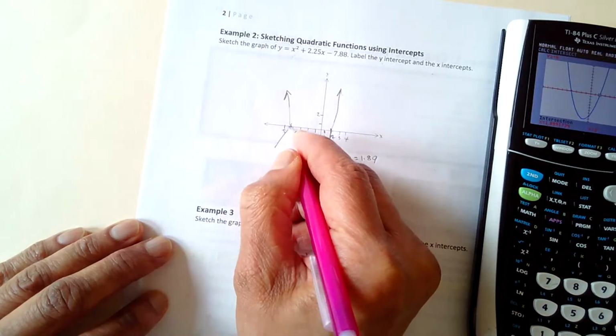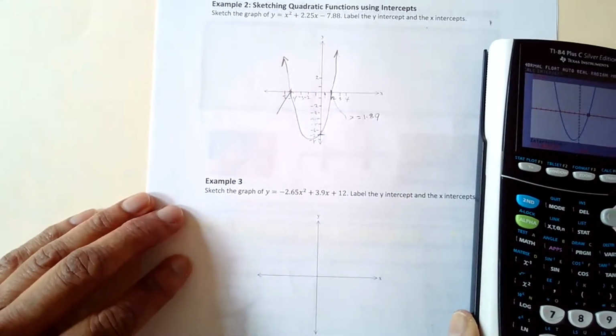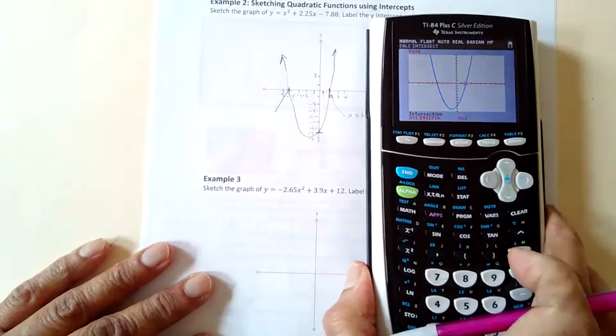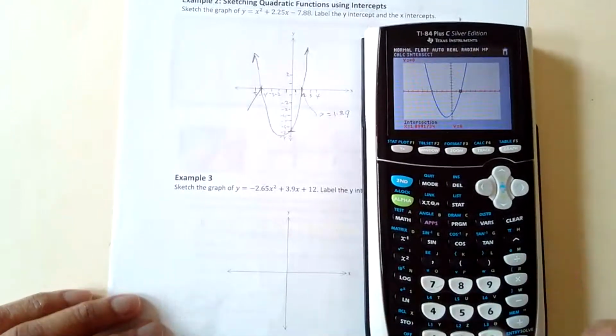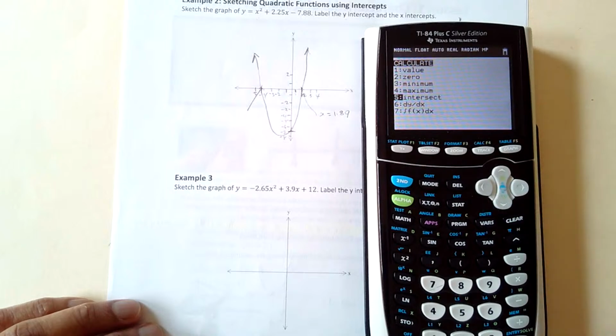Now we need to find the other one. And we'll repeat the steps. So we go back, second trace, intersect.